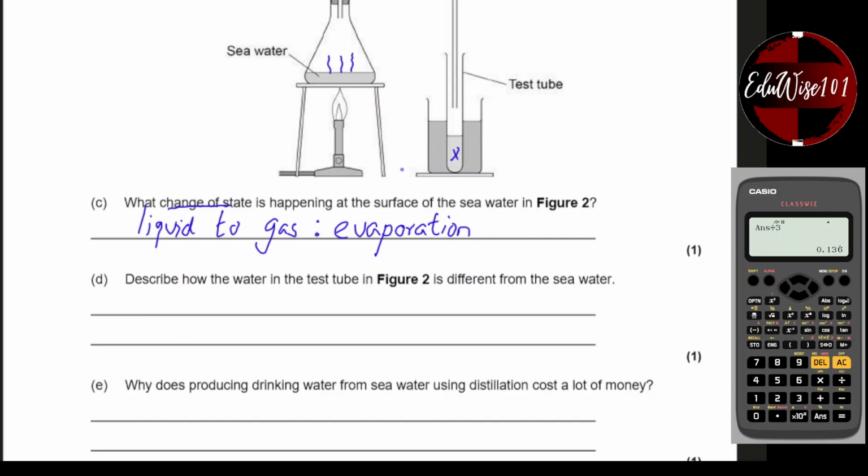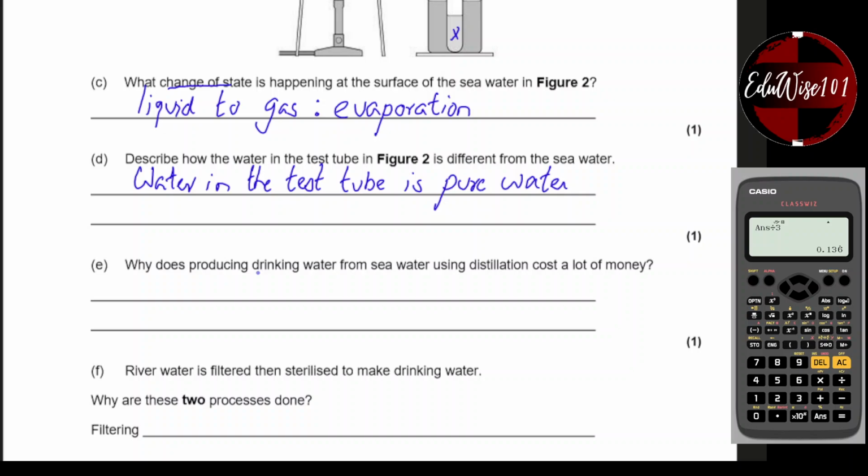So the water in the test tube is pure water, whereas the seawater will have salts.